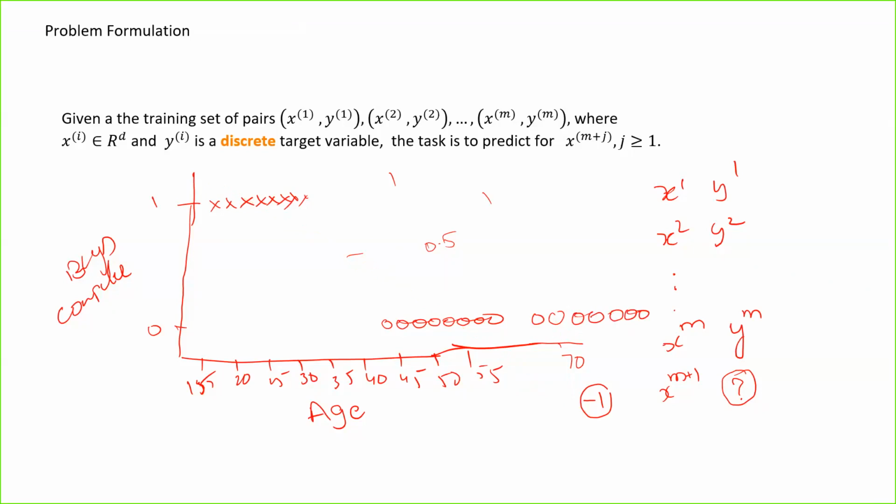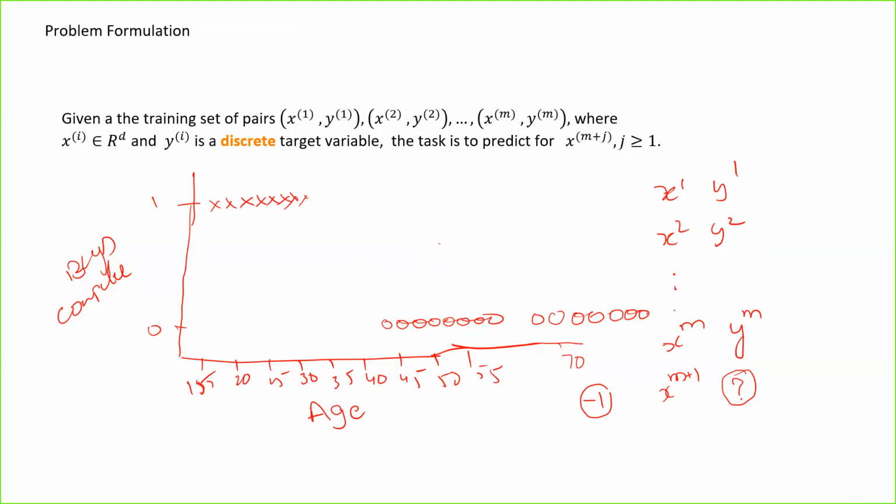Now if you see this, there are more data points on the negative side, more negative instances and fewer positive instances. The linear regression model tries to fit a model such that the difference between actual and predicted values is minimized, isn't it?